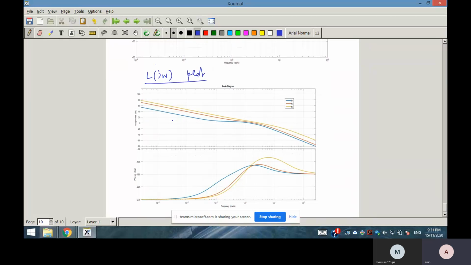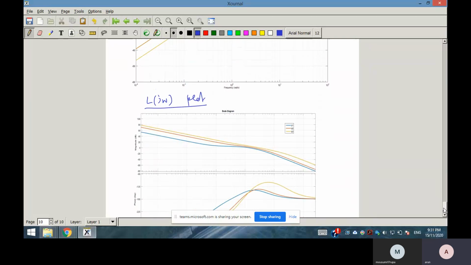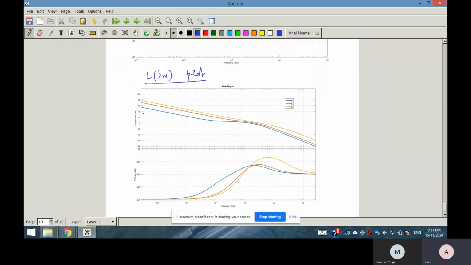L1, in case of low value of Q hat, your loop gain is less at low frequency, but the high frequency cutoff, the roll off rate, is good.